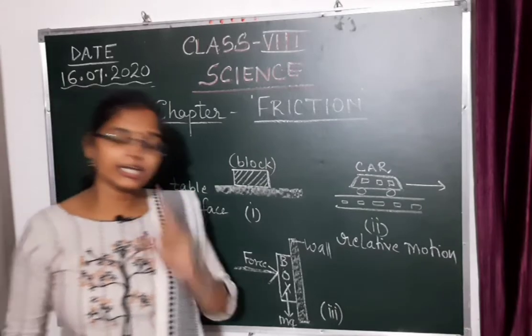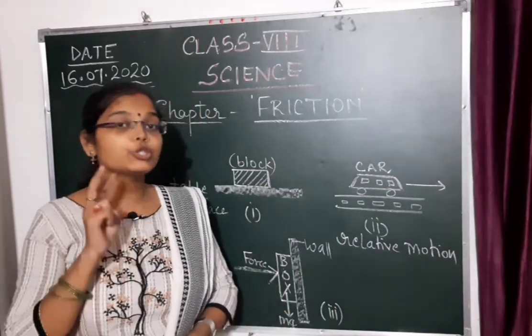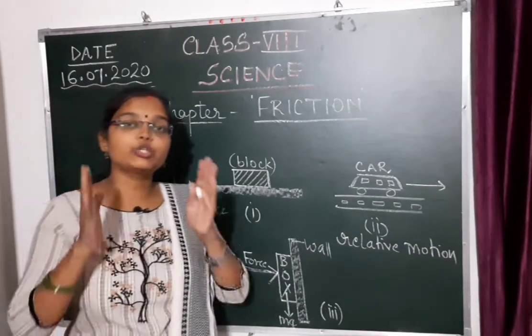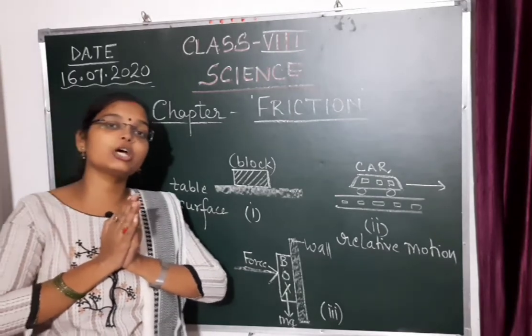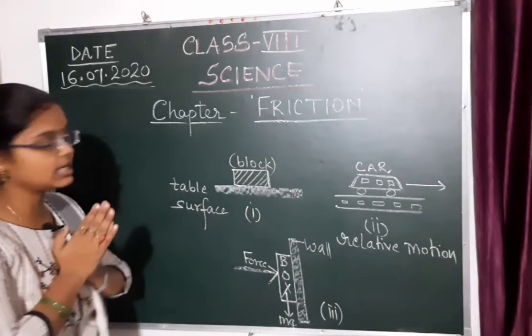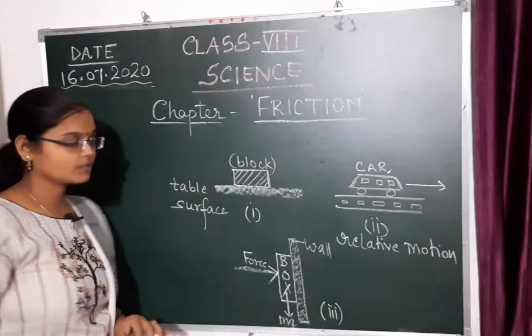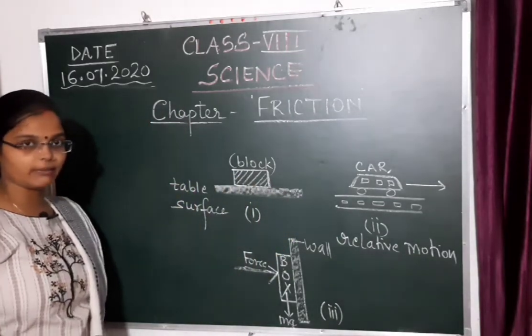The first condition for frictional force, as you know, is two surfaces in contact. When there will be two surfaces in contact, then only the frictional force will occur. Let us see how with the help of following examples. This is the surface of the table.